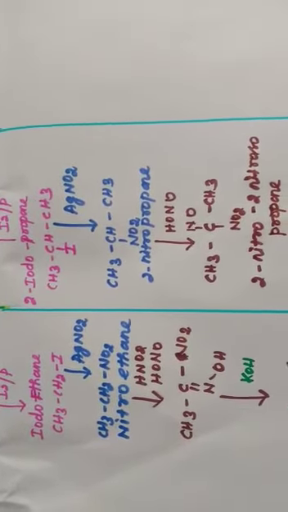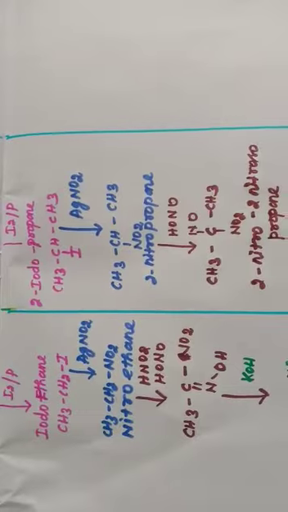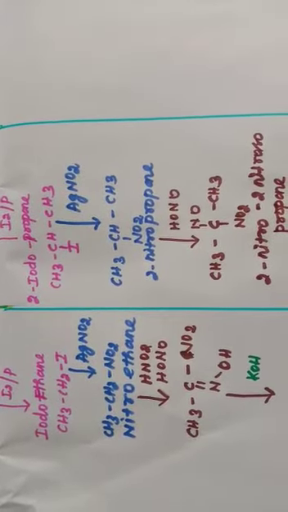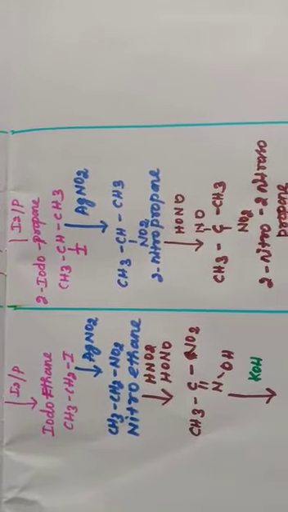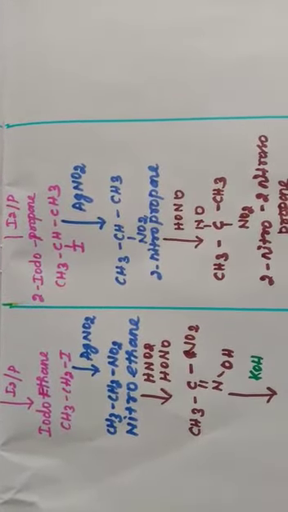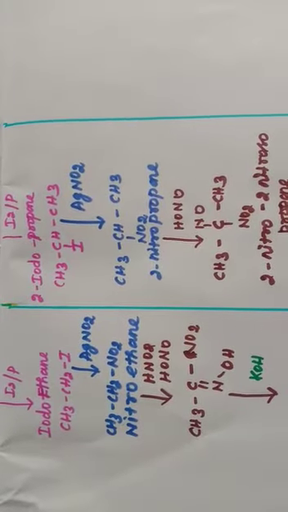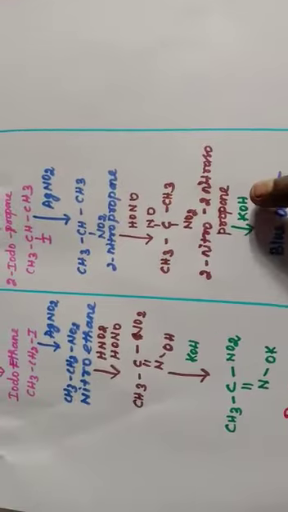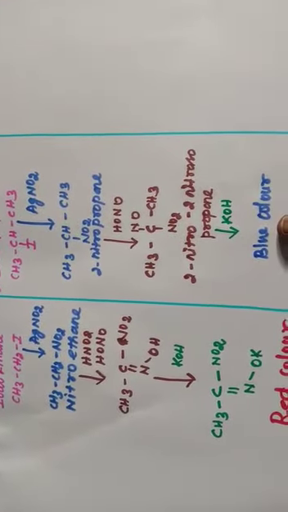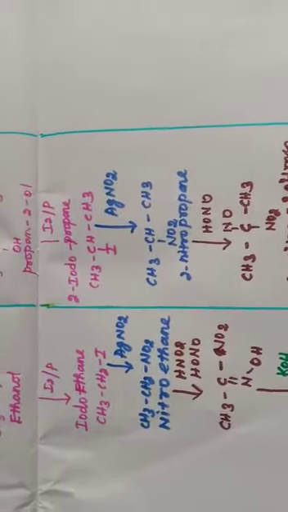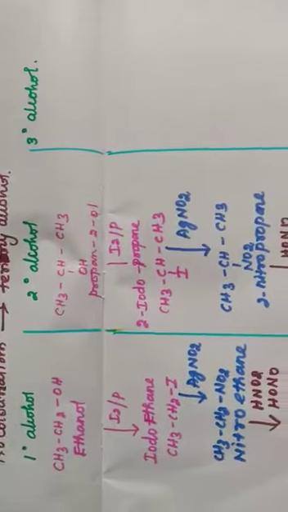Now this solution is made alkaline with KOH. When it is treated with KOH, a blue color solution will be obtained. From this we can understand this belongs to secondary alcohol.